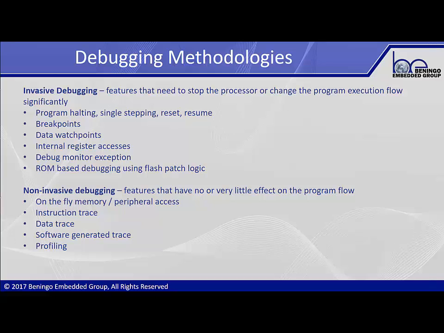Now, the techniques that I prefer to use are going to be more non-invasive debugging techniques. This is where the debugging capabilities have almost no effect, if any, on the real-time performance of the system or even on the program flow. So what you'll find is that there are things like on-the-fly memory accesses, things that can happen in parallel with the code still executing, things like instruction tracing and data tracing, even system profiling.